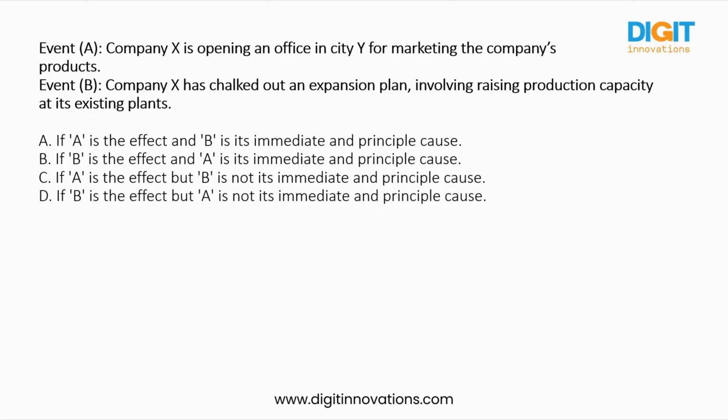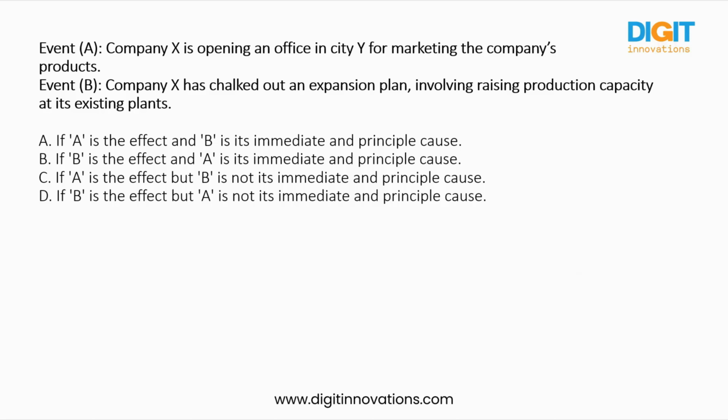Company X has chalked out an expansion plan, involving thoughts of raising the product's capacity with the existing plants. And they got a new plan, and that new plan is opening a new office in city Y for marketing the business products.